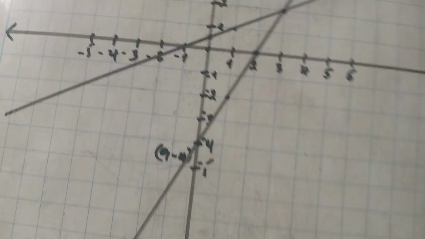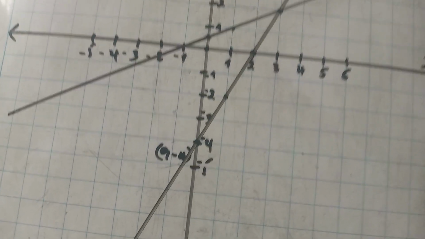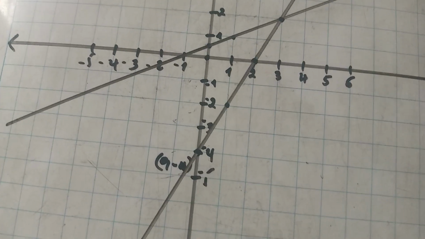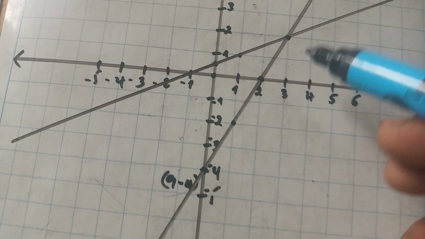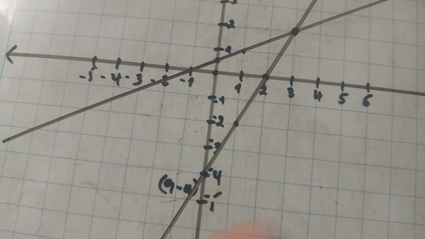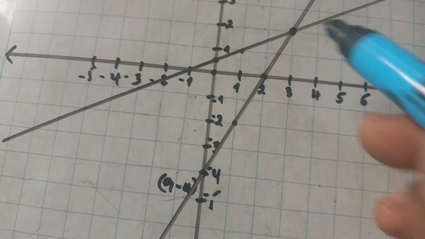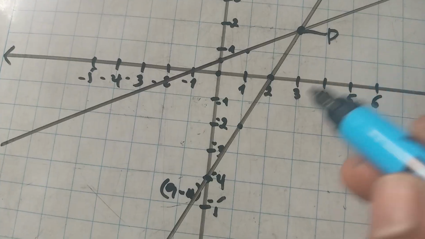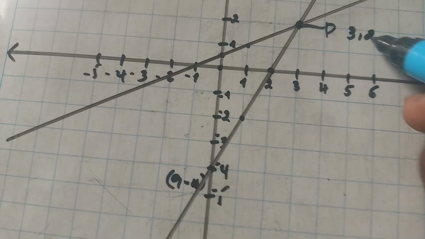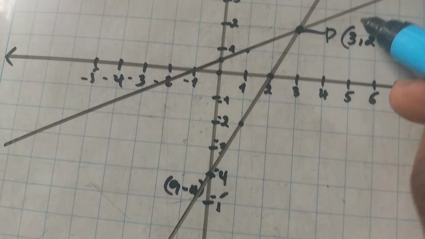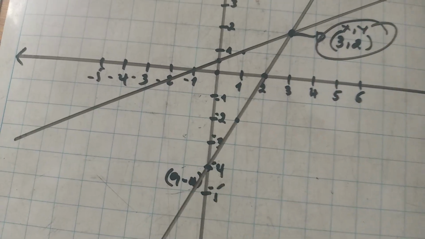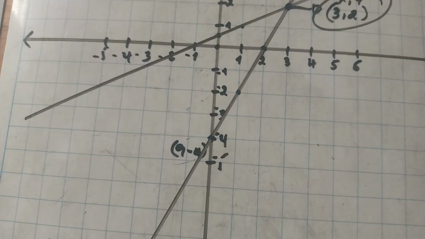So the values of x and y for our simultaneous equations are obtained from the intersection point where the lines intersect. Here, the point is 3 on x and 2 on y. So this is x, this is y. These are the values of the solution that you have been calculating for.